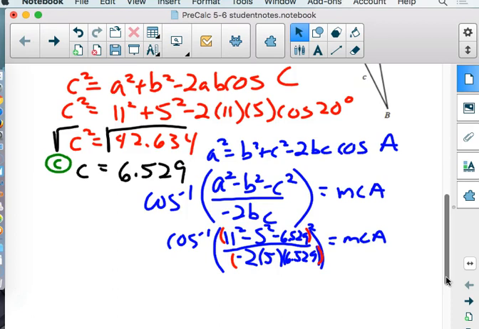So now I need divided by another set of parentheses. Negative 2 times 5 times, and I have to recall the C again. So second store recall alpha program, enter, parentheses, and then one more set of parentheses to tell it I want the inverse cosine of this whole ball of wax. There it is. So 144.817 degrees.